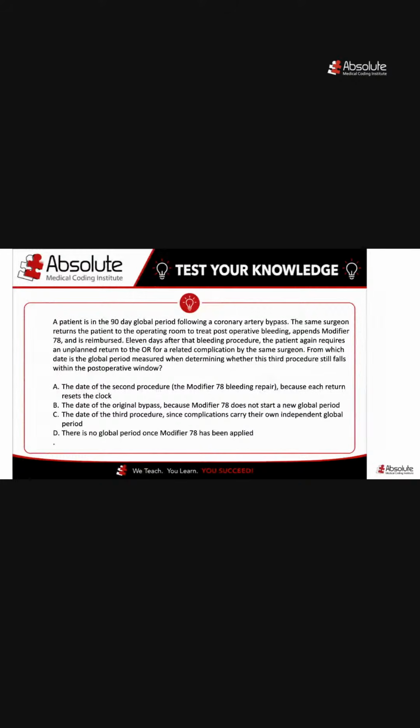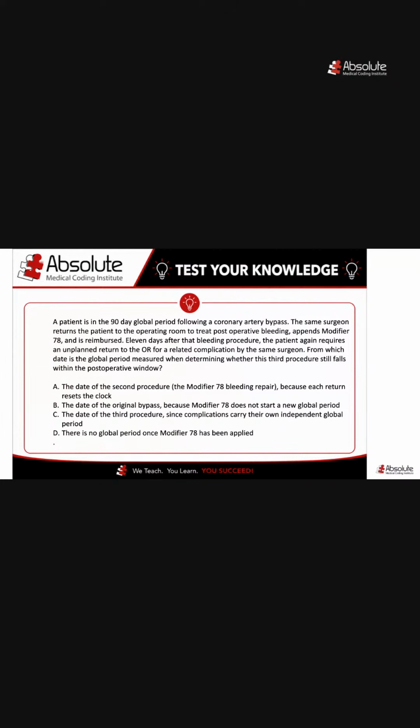All right. A patient is in the 90-day global period following a coronary artery bypass. The same surgeon returns the patient to the OR to treat post-operative bleeding, appends modifier 78, and is reimbursed. 11 days after that bleed procedure, the patient again requires an unplanned return to the OR for a related complication by the same surgeon.